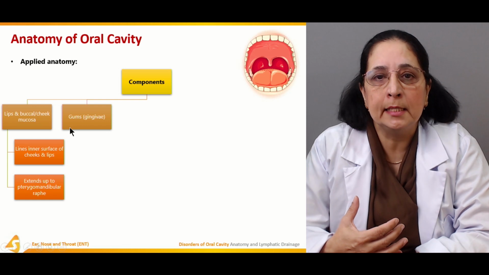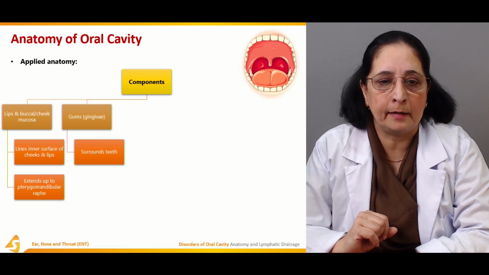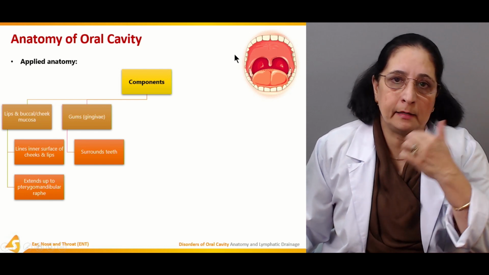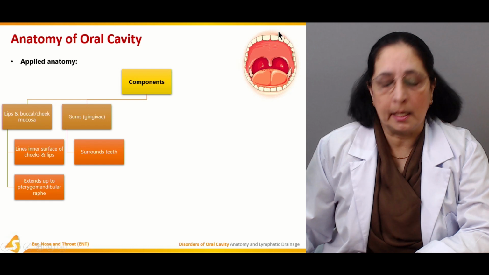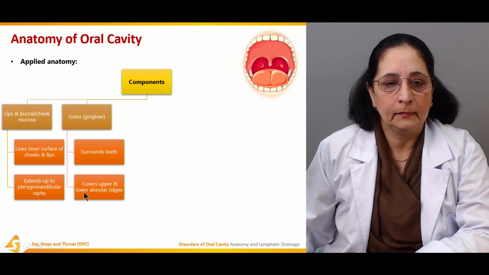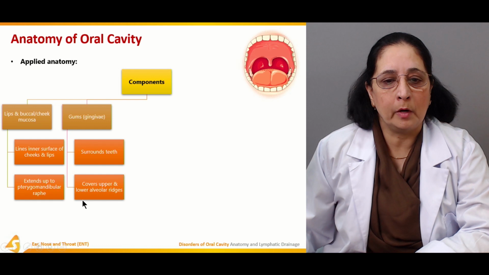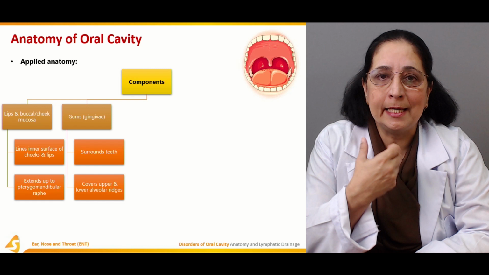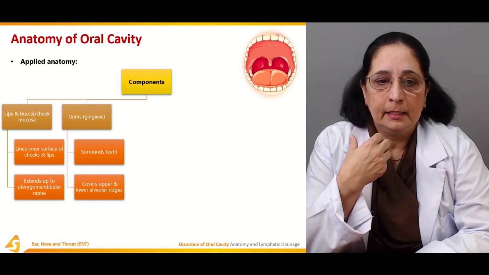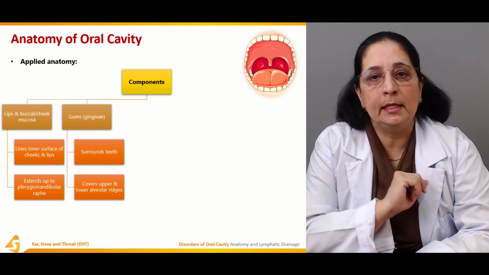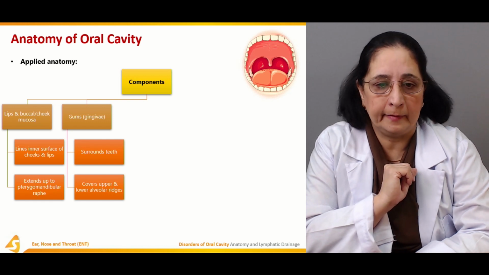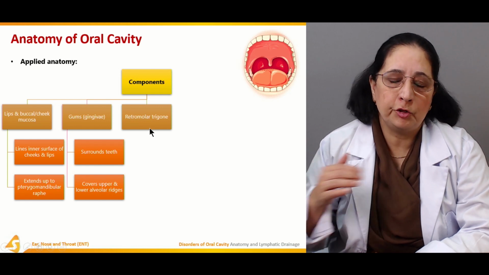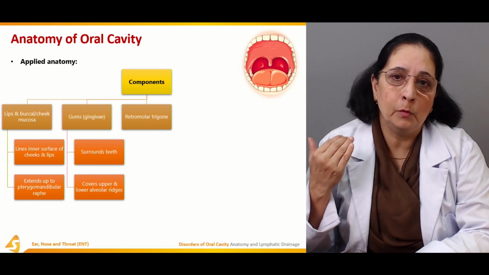Then we have gums. Gums are known as the gingiva. Gingiva surrounds the teeth. So all this red portion that surrounds the teeth is the gums or gingiva. It covers upper and lower alveolar ridges, which contain the teeth. They are lined by the gums or the gingiva. Then the retromolar trigone. Retro is behind the molar teeth.